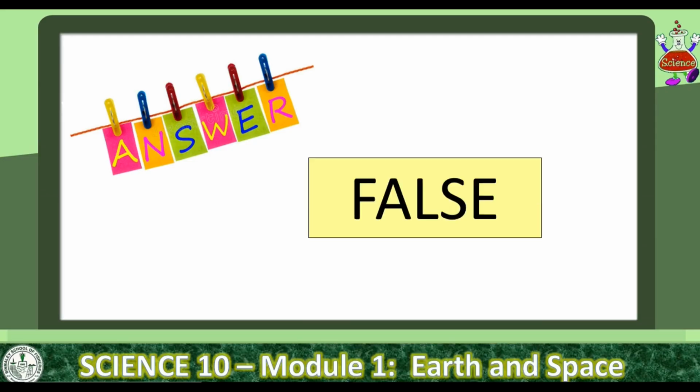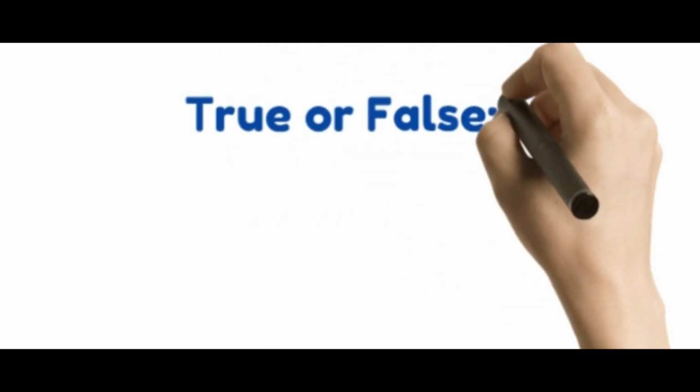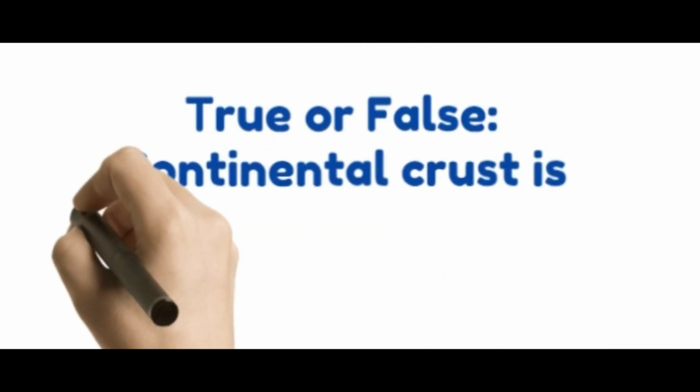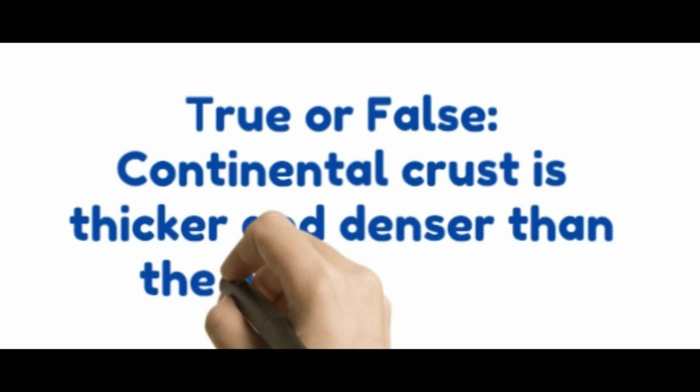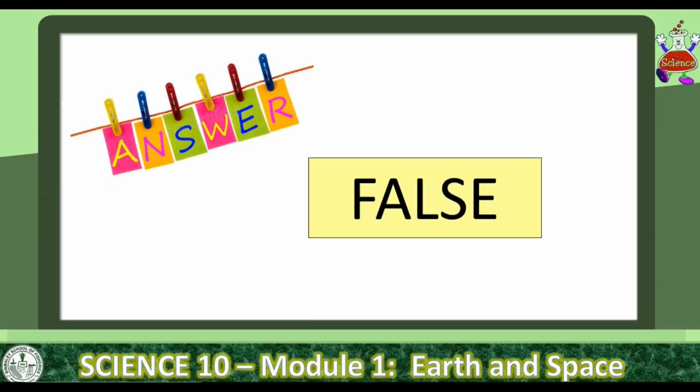The answer is false. You're correct. True or false? Continental crust is thicker but denser than the oceanic crust. The answer is false. You're correct.